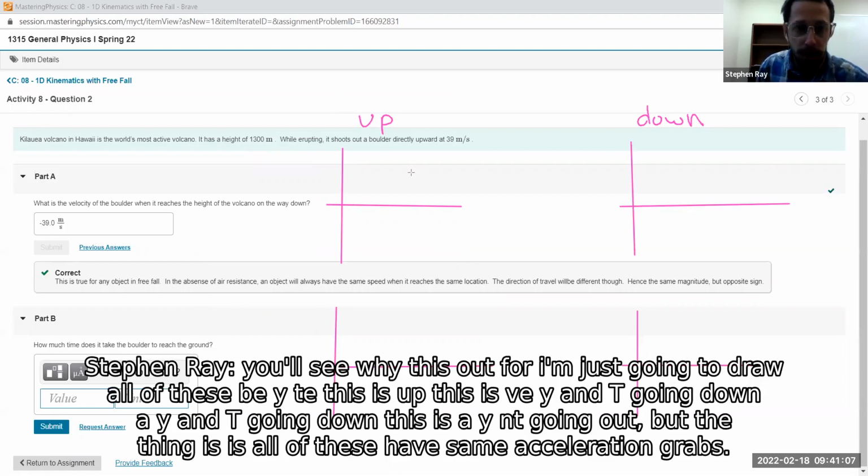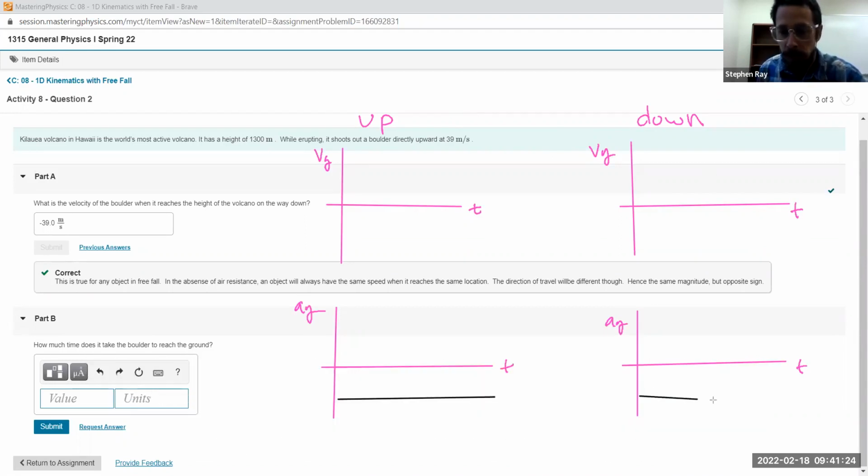I'm just going to draw all of these: Vy versus T, this is up, and this is Vy and T going down. This is Ay and T going down. But the thing is, all of these have the same acceleration graphs.